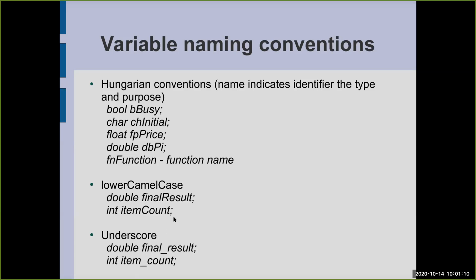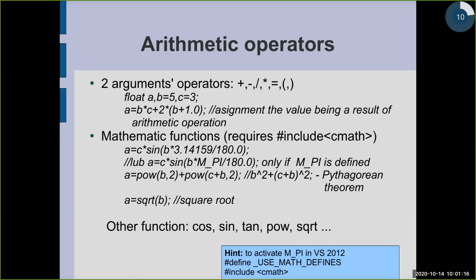I prefer this one. Sometimes I use lower camel case. So you can practice and use the convention you like. Okay, so let's start with some basic examples of variable applications.